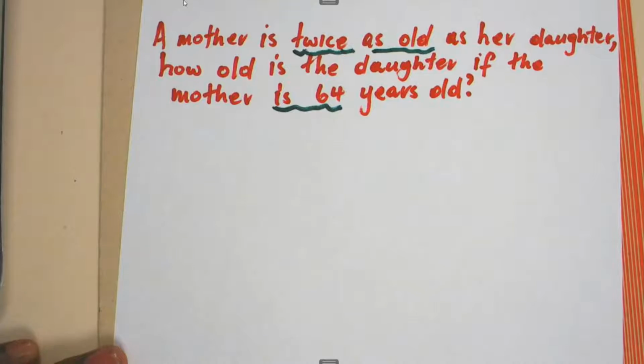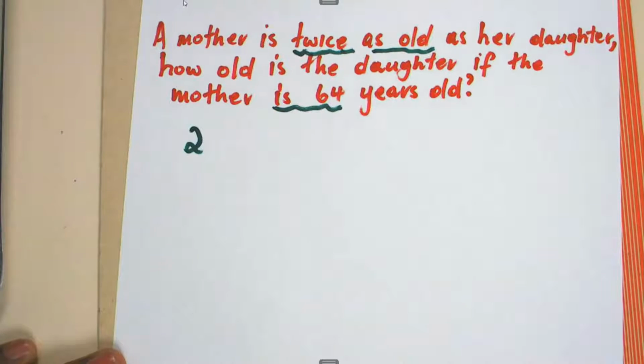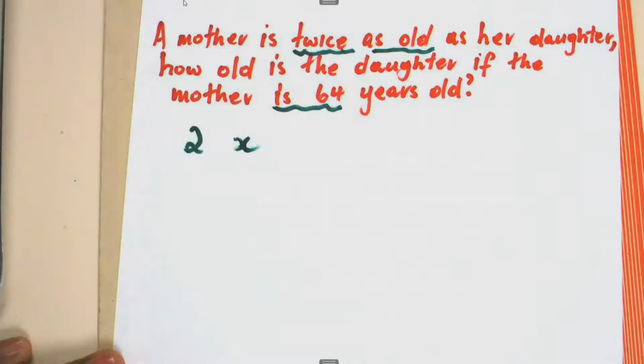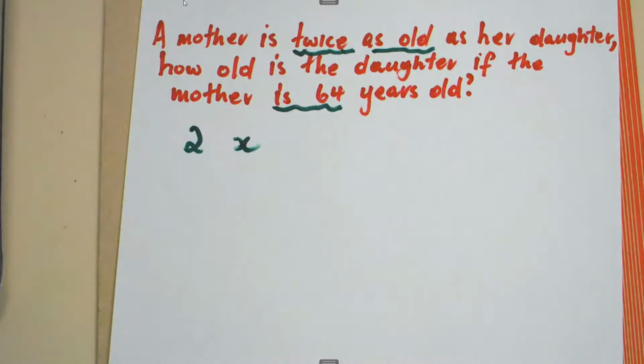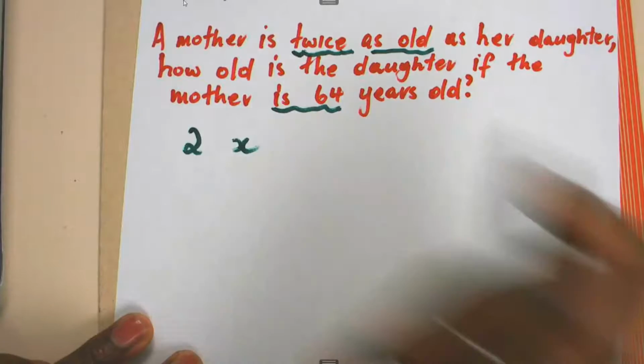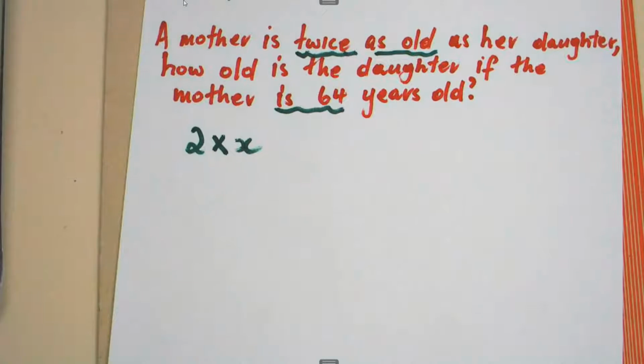So let me start. Twice is 2. As old, twice as old, I don't know. So it's going to be my unknown. So I will gladly write my unknown as x. So twice as old is 2 times. I will write the sign multiply because it's twice as old.